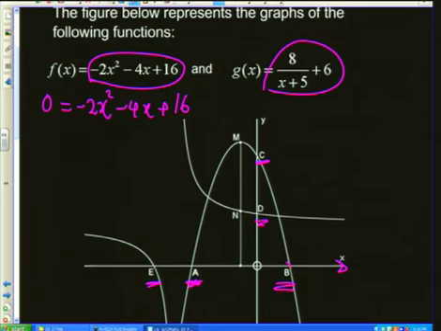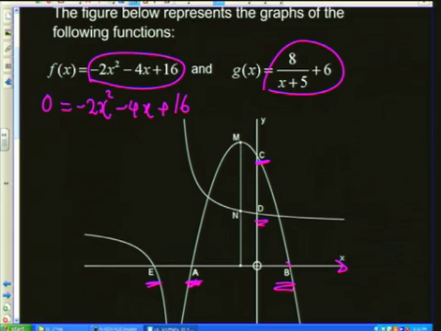Okay? Now, as we were doing with the Grade 11s, we can factorize minus 2x squared minus 4x plus 16. But because I've got a negative 2, a negative 4, and a 16, there's something common. I can divide through by negative 2.